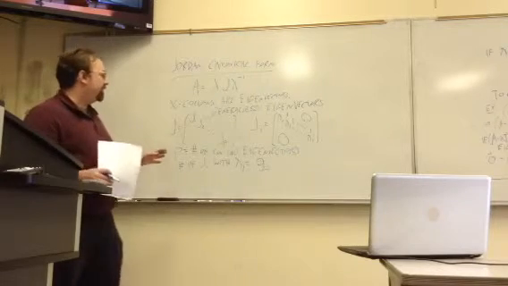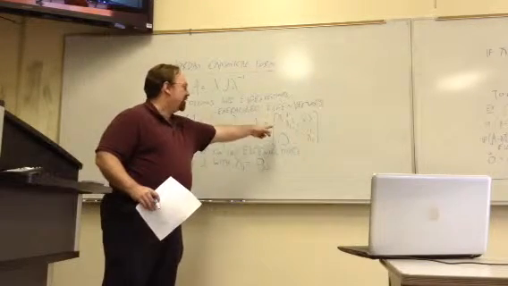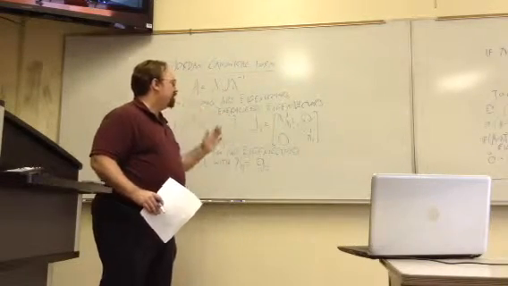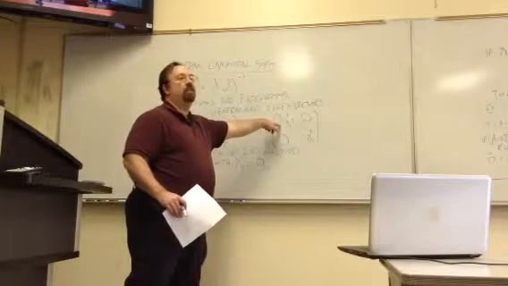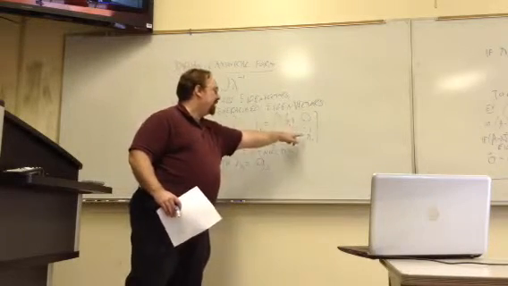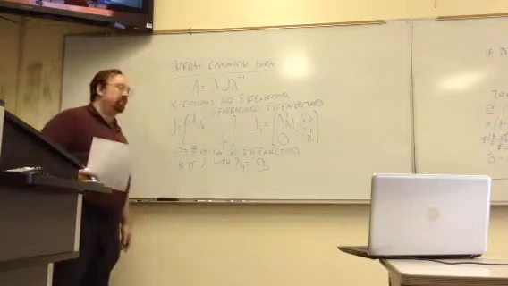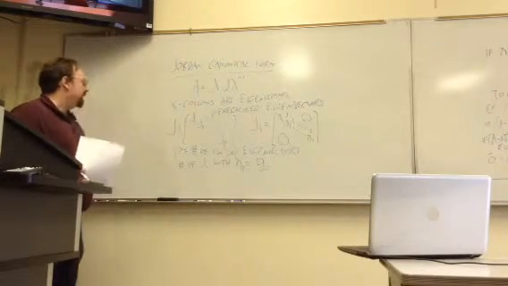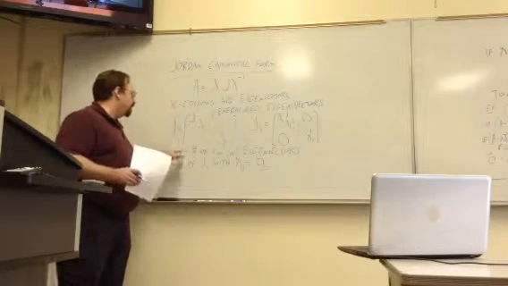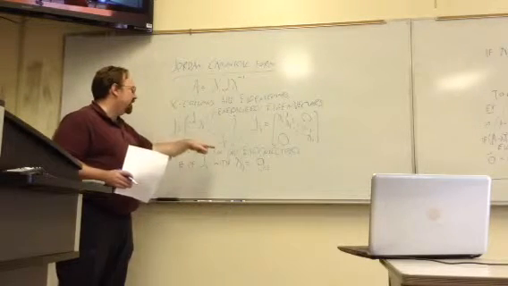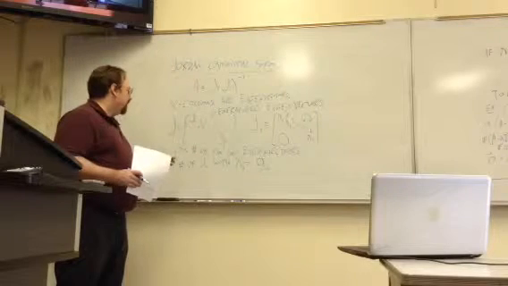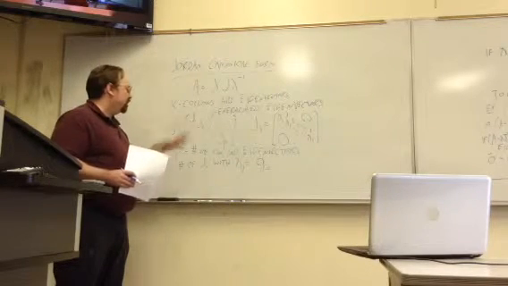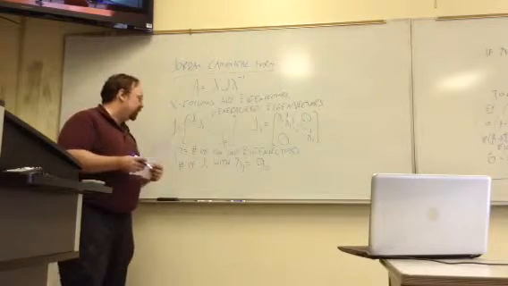Because the idea is each of these blocks corresponds to one eigenvector, and then the rest of these columns correspond to generalized eigenvectors. So just as the total number of blocks corresponds to the number of linearly independent eigenvectors, the number of blocks corresponding to one eigenvalue gives that geometric multiplicity.